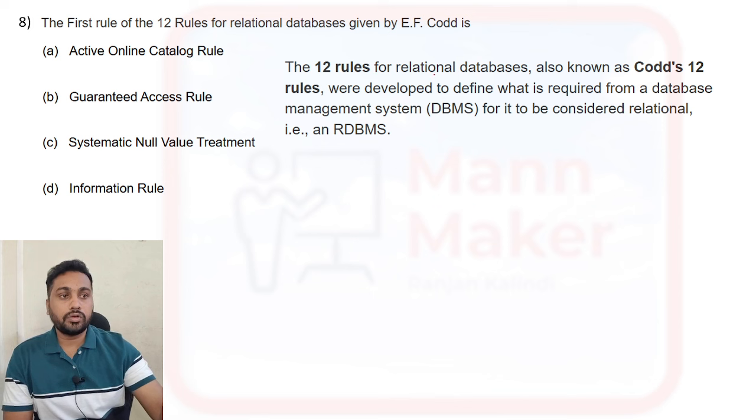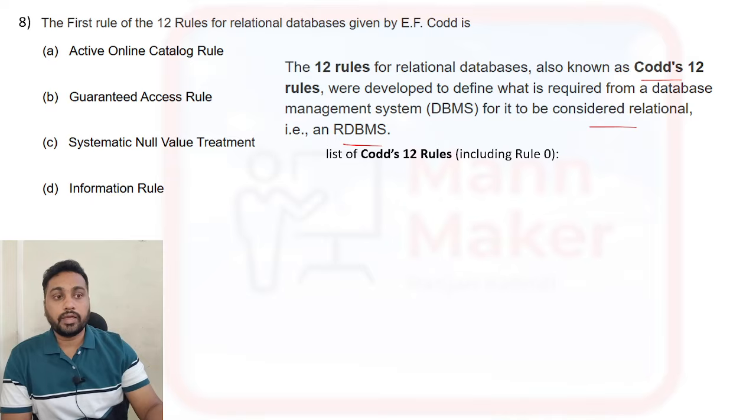These 12 rules of relational data management, also known as Codd's 12 rules, were developed to define what is required from a database management system for it to be considered relational, that is, an RDBMS. He developed 12 rules, starting with rule zero, then rule 1, rule 2, like that.